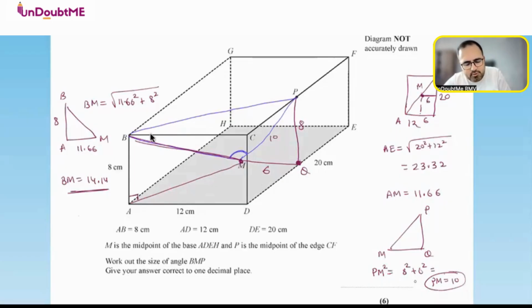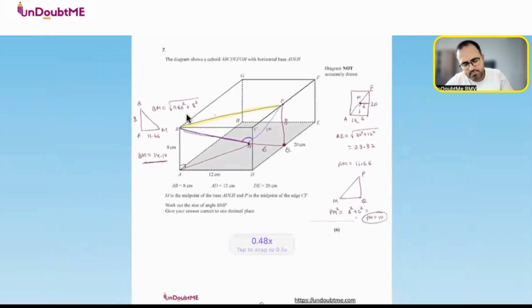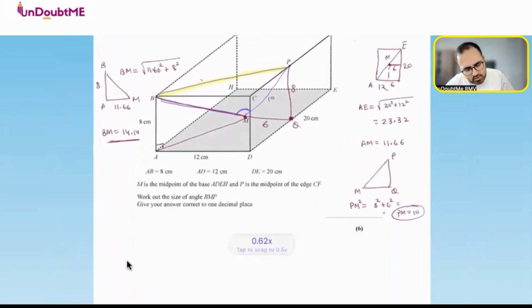Now finally I have to find BP value. Okay, this question is a bit lengthy. It is not complicated, but it is a bit lengthy. Plus, you should be able to see these small triangles. Now finally for BP, I will look in triangle BPC, as per the diagram, this is B, P, and C. BC is same as 12 centimeter.